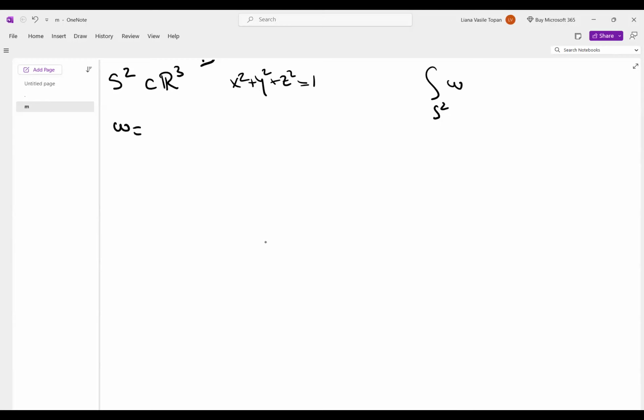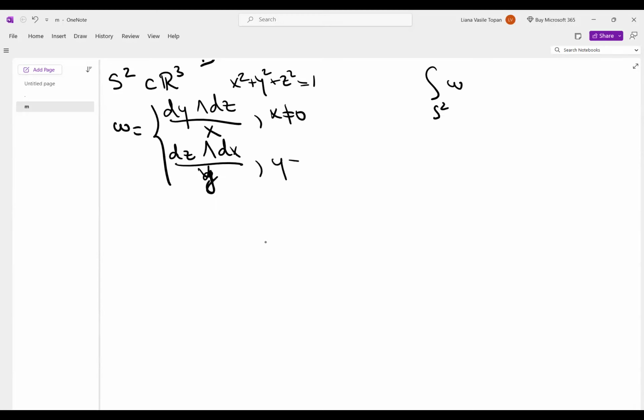I'm taking the following form as an example: dy wedge dz over x when x is not 0, dz wedge dx over y when y is not 0, and dx wedge dy over z when z is not 0.